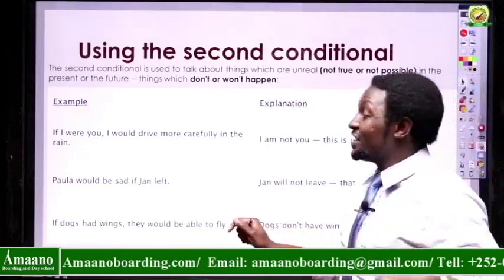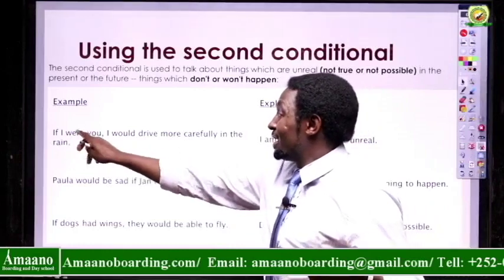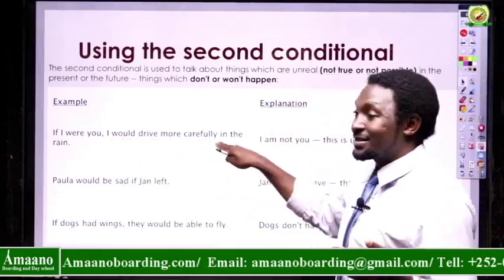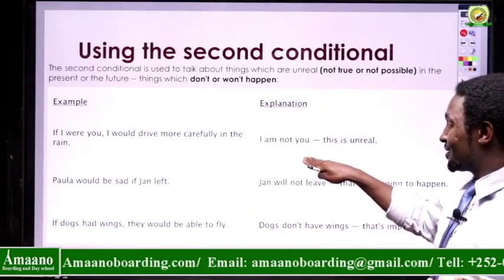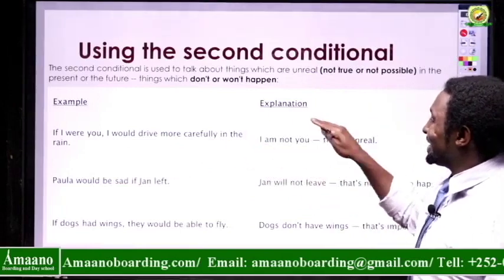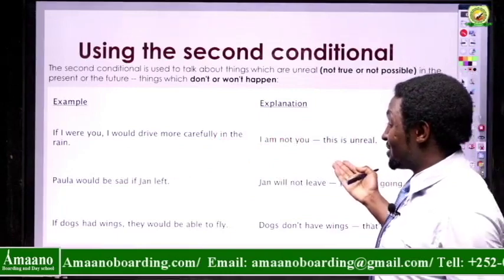So you see, if you begin the sentence with the if clause, there must be a comma before the next part of the sentence. So if I were you, I will drive more carefully in the rain. I am not you. This is unusual or unreal.